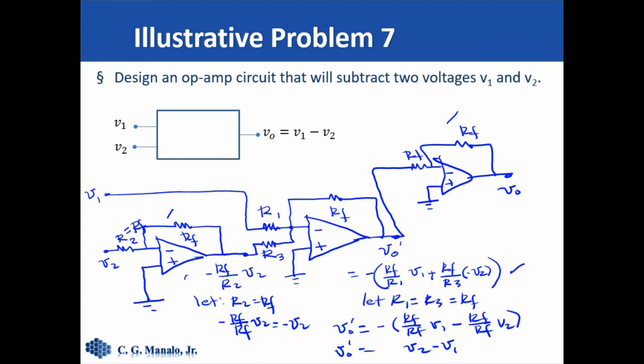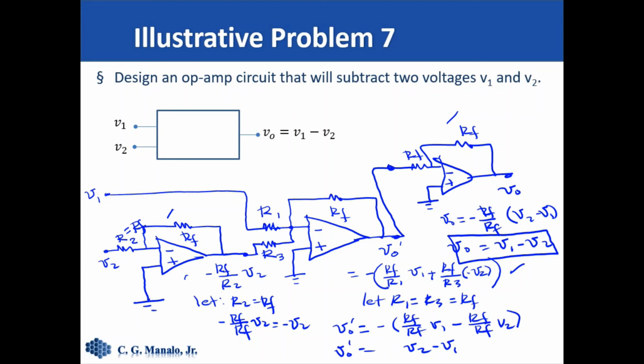So finally, we have V naught equals negative R sub F over R sub F times this input voltage, which is V2 minus V1, and that should give us V1 minus V2. So this is our final answer.